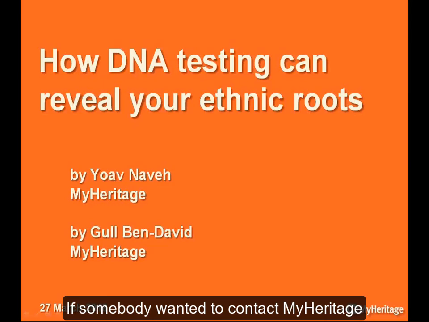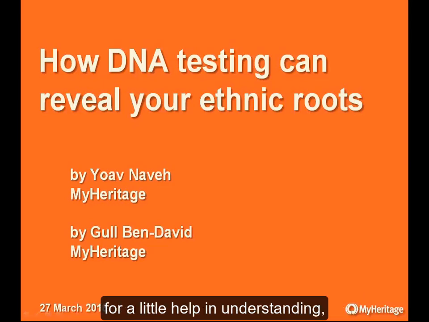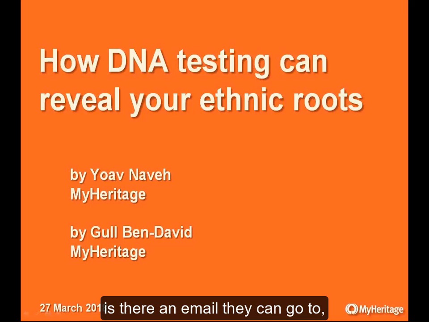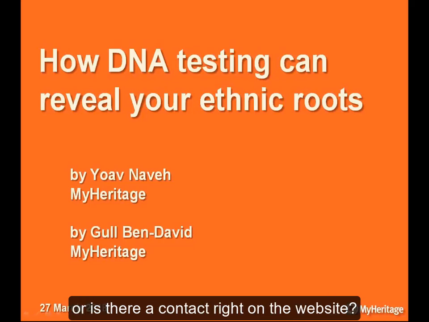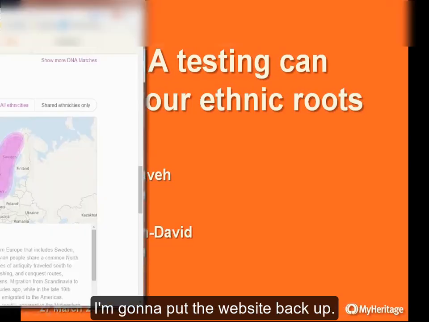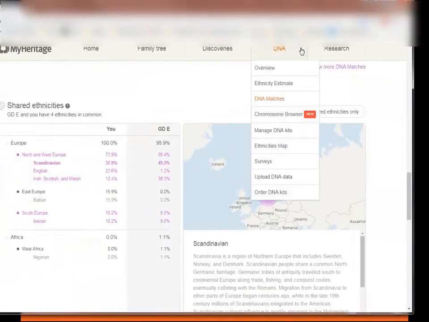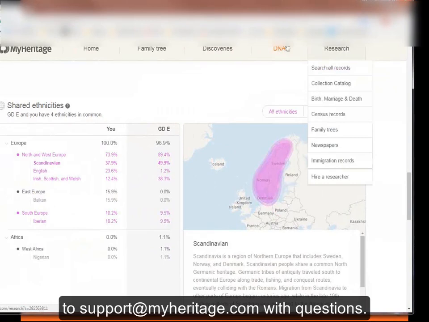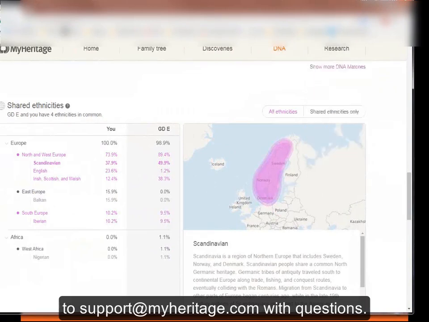If somebody wanted to contact MyHeritage for a little help in understanding, if they have questions about their ethnicity or questions about their DNA matches, is there an email they can go to, or is there contact right on the website? I'm going to put the website back up. Yeah, sure. You can always go to support@myheritage.com with questions.